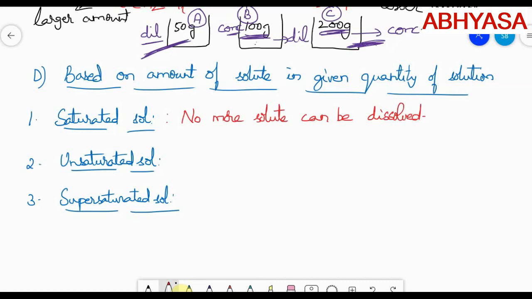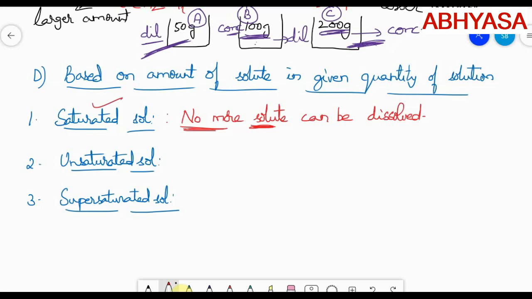So if you add any extra solute, it will remain or settle at the bottom of the vessel. As per the capacity, the maximum solute is already dissolved in that solution, and that is why no more solute can be dissolved. With reference to the saturated solution, we can define the remaining two solutions.